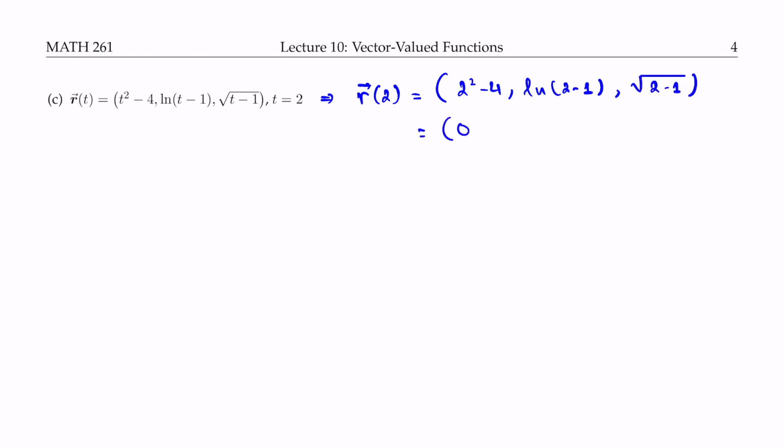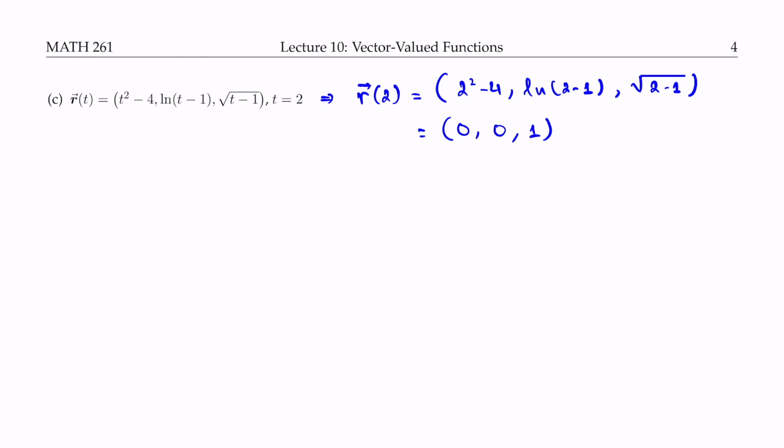Here you got the first component to be 0. The second component is ln of 1, so log of any base of 1 is 0. And the last component is square root of 1, or just 1 for that matter. Again, this is a point along a parametric curve, or a snapshot in time of the vector valued function.